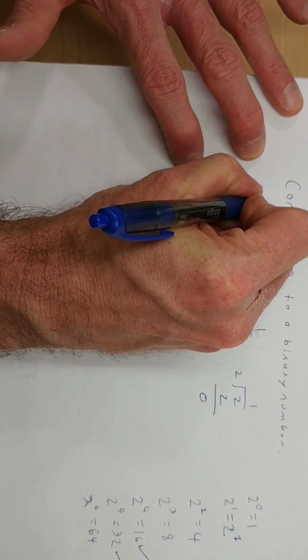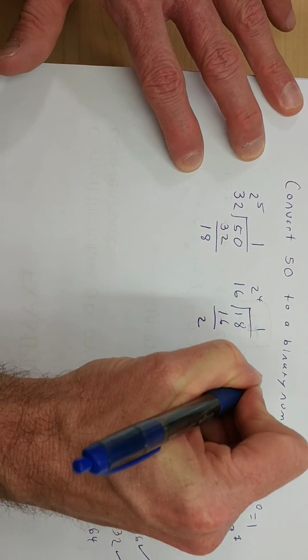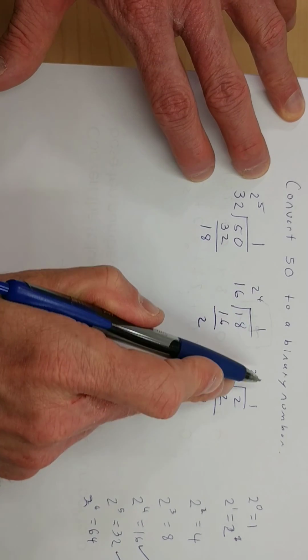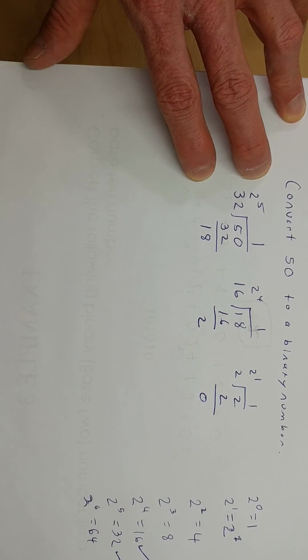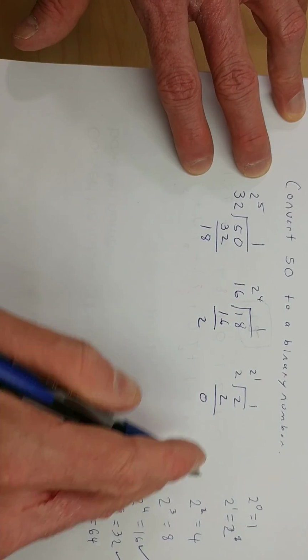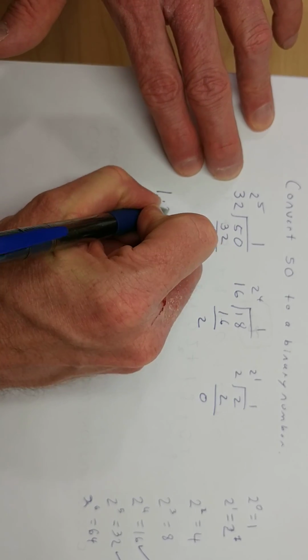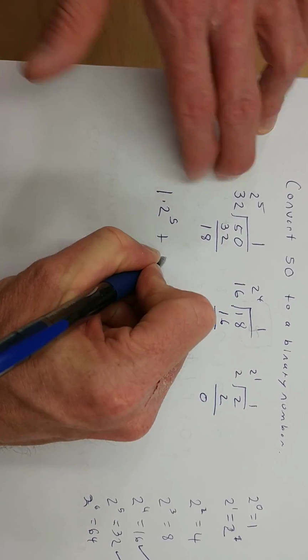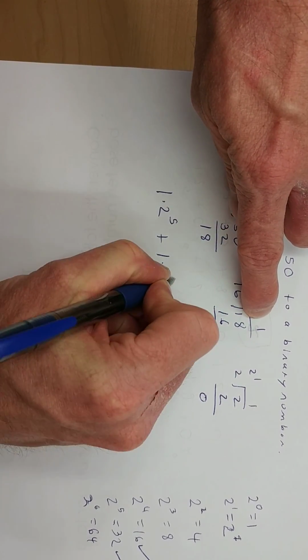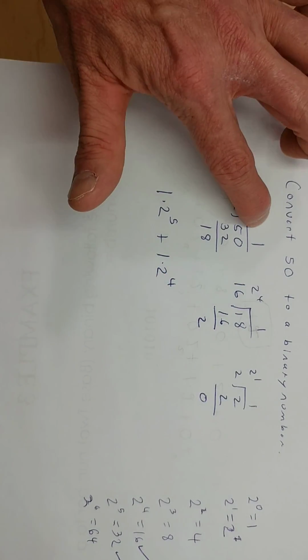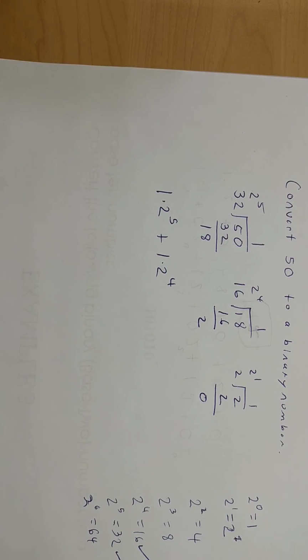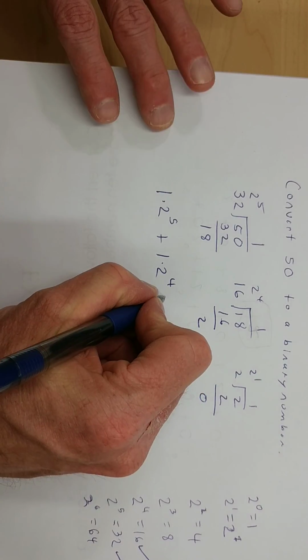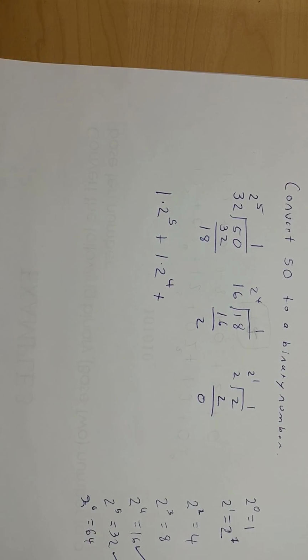So this is 2 to the 5th, 2 to the 4th, and 2 to the 1st. So we will have 1 times 2 to the 5th power. That went in once here, so 1 times 2 to the 4th. Again, we went in once. With binary, it either is going to be 1 or 0, by the way, obviously, because those are your only digits.